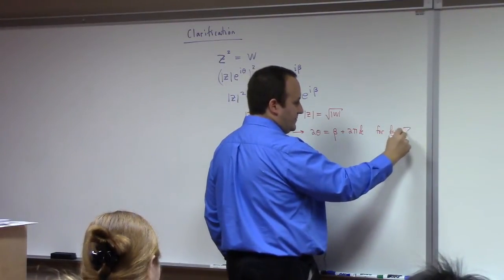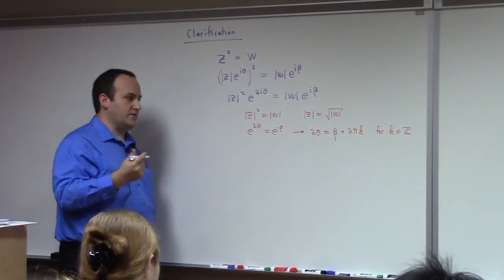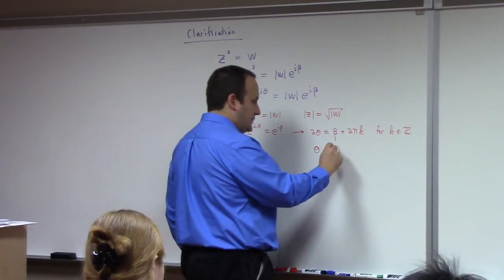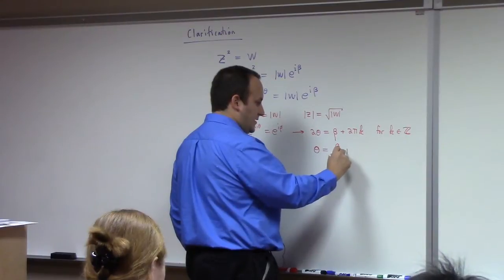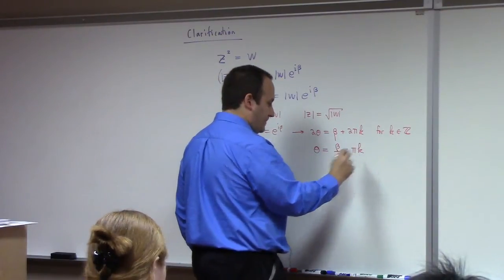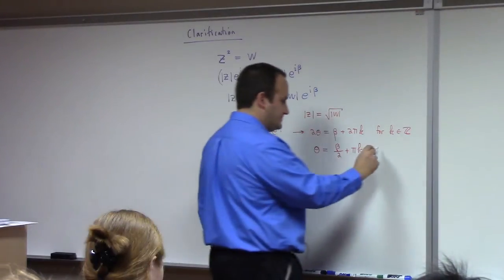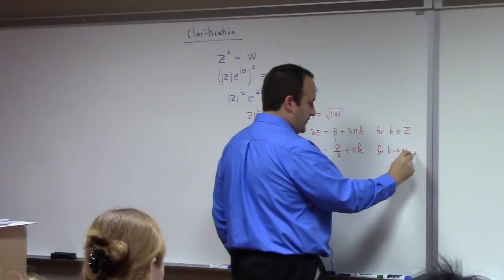Those are the possible solutions, right? So if I solve for theta, this gives me theta is equal to beta divided by 2 plus pi k, for k equals what? 0, plus or minus 1, and so forth and so on, right?